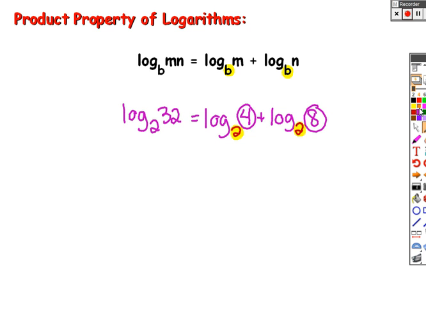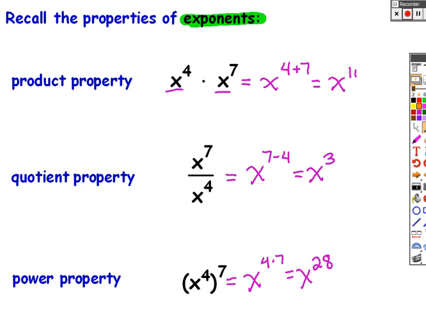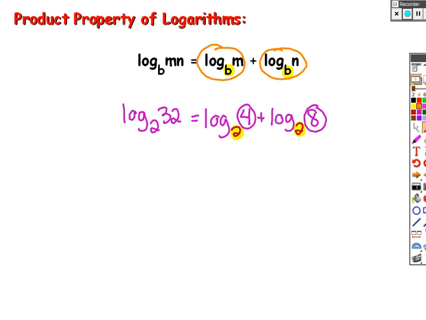Why does this work? Well, think about what is a logarithm, an exponent. When do I add exponents? Well, if we go back here, I would add exponents if I was originally multiplying terms with the same base. So I can combine these into one logarithm by multiplying the arguments together.